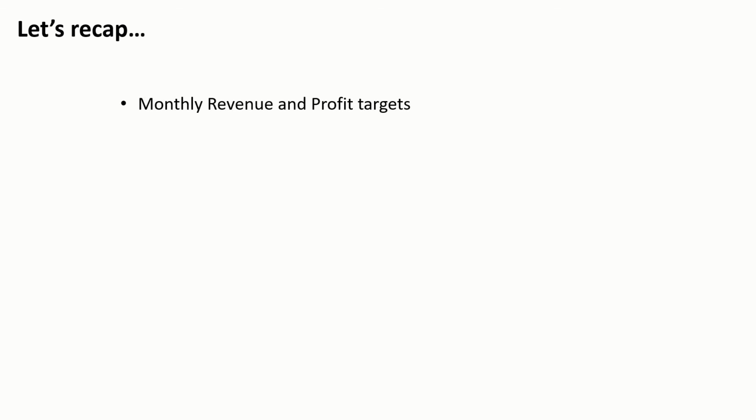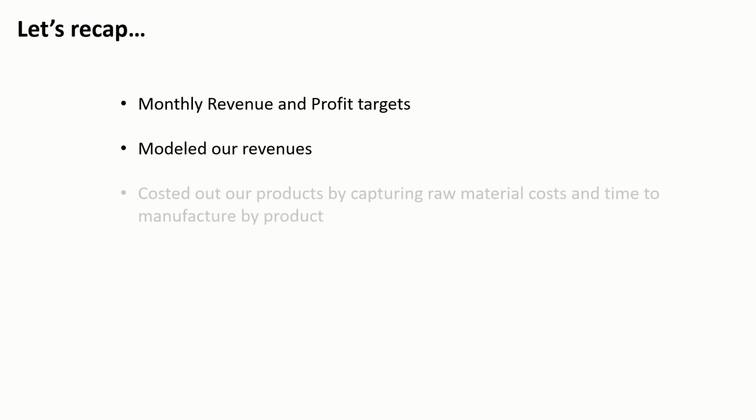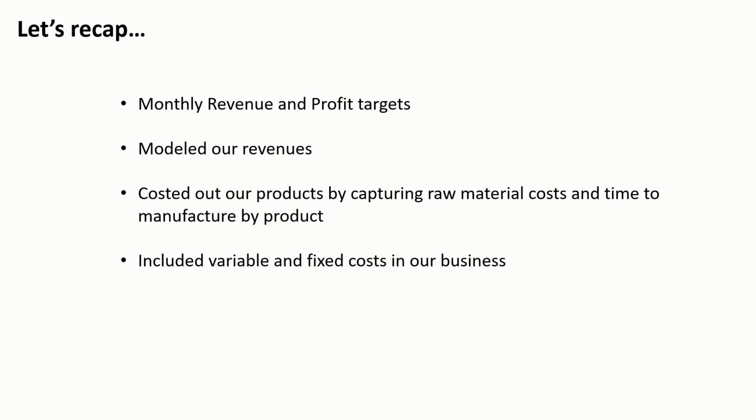We started out by stating what revenues and profits we want to target. We then modeled out our monthly revenues. After that, we went and costed out our products by capturing raw material costs and the time to manufacture by product. And finally, we included the variable and fixed costs in your business individually in those two tabs.